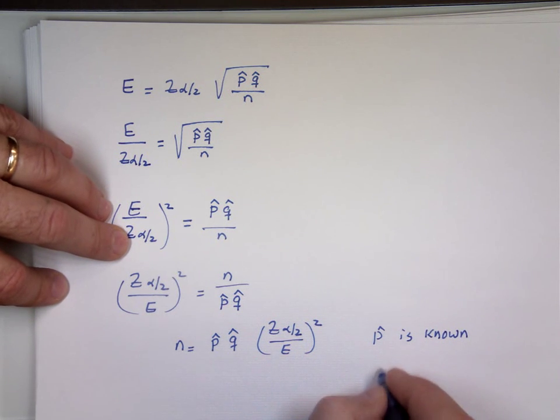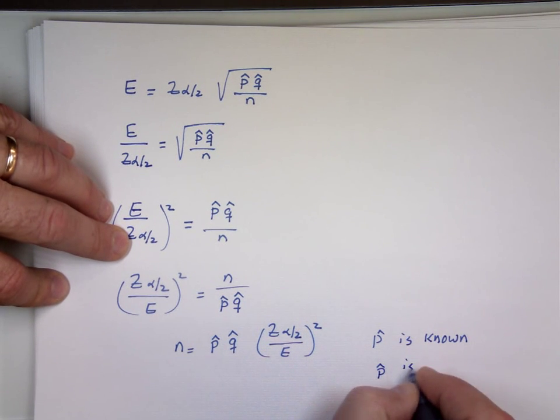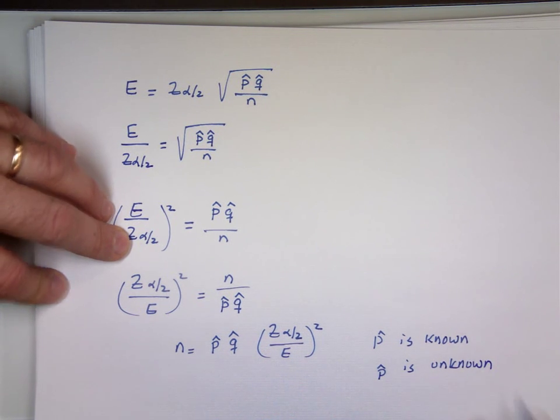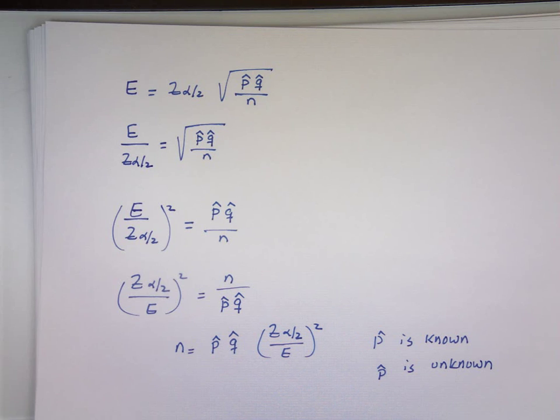You have no idea. We have no clue on this subject. Never been done. There was not a previous study on this. Do you still have q hat? Well, we don't know what q hat is. If you know p hat, you know q hat. But there's no work done on this subject we're testing.